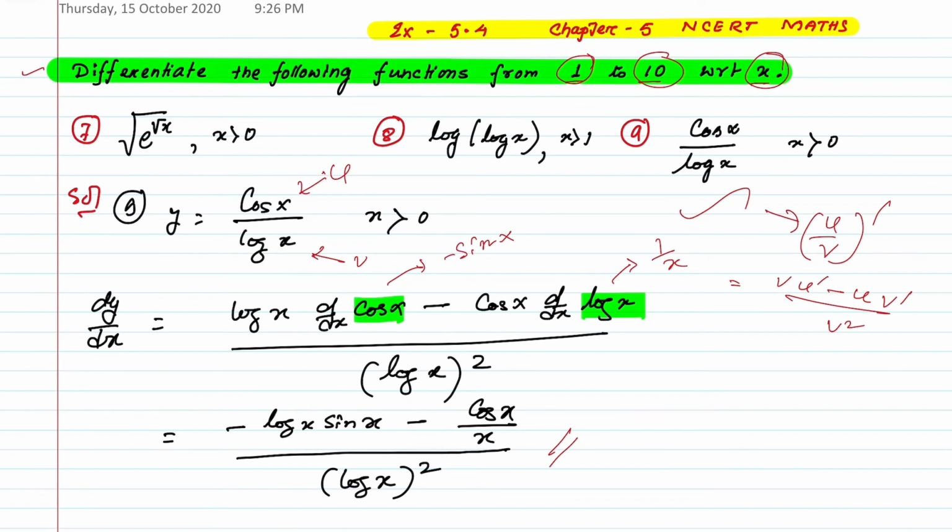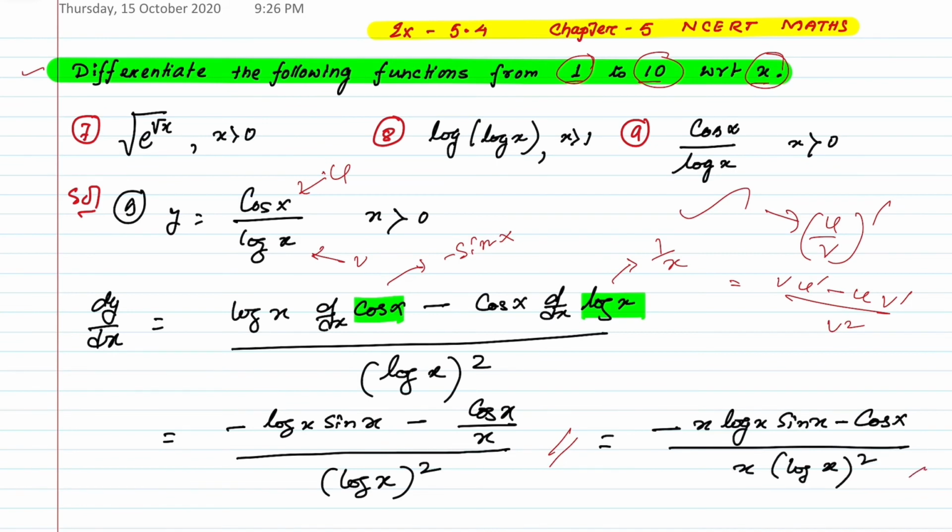Now you can do simplification here also. If you want to simplify, yeah, you can multiply both the numerator and denominator by x. If you multiply both the numerator and denominator by x, then you will get minus x log of x sin x minus cos x by x log of x whole square.